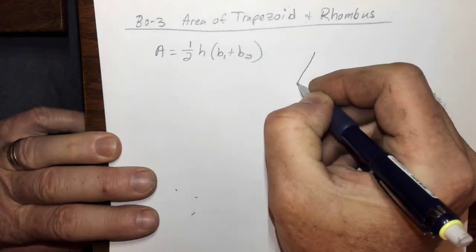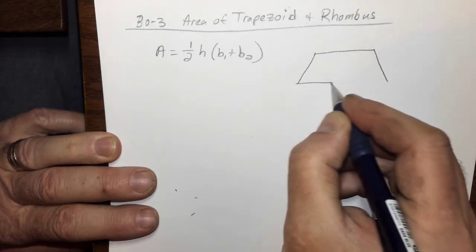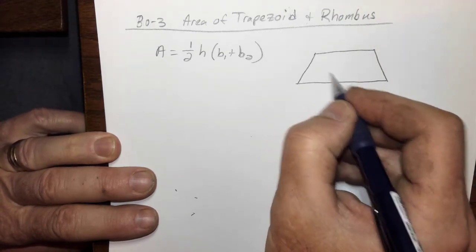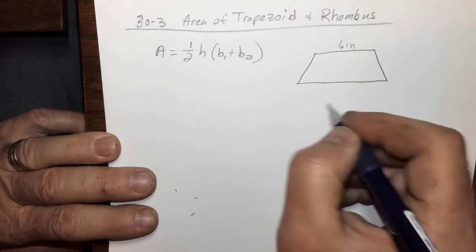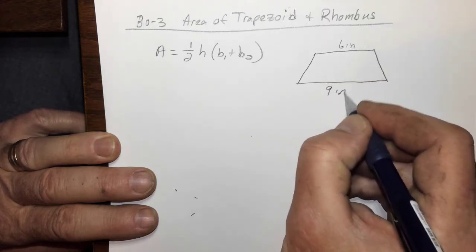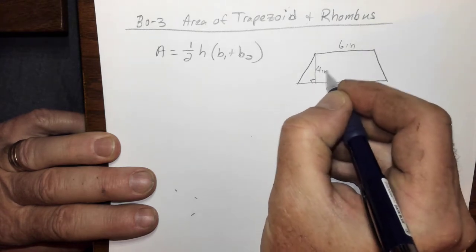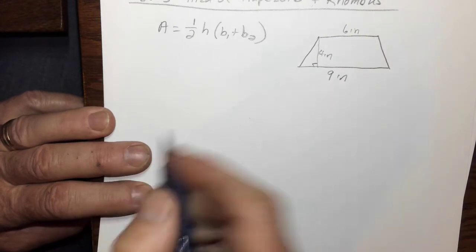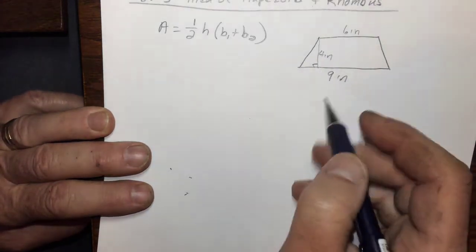If I gave you an example, we had a trapezoid, let's say that this was 6 inches, this was 9 inches, and this distance right here was 4 inches. It doesn't matter, we just add the bases. I don't care which one is 1 and 2.